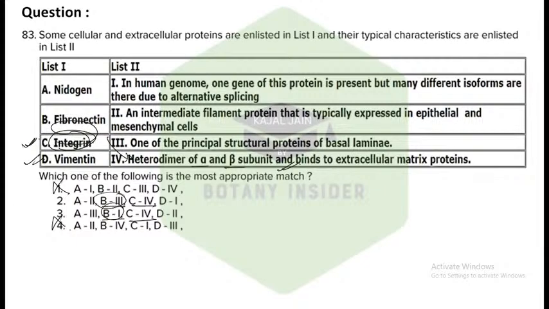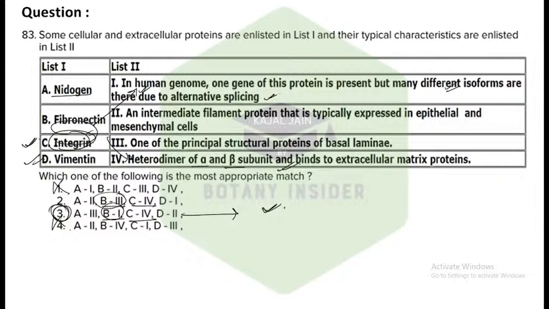In fibronectin itself we have many isoforms being present due to alternative splicing, so B gets marked with the first one, and with just two options I can reach the correct answer, that is option 3, C is the correct answer for this particular question.